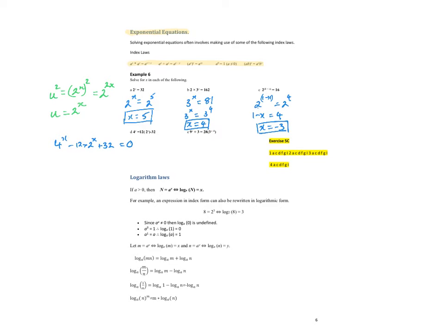Let's rewrite 4 as 2 squared, so I get 2 to the 2x minus 12 times 2 to the x plus 32 is equal to 0. So these expressions here, they're my u and u squared that I referenced. So I can actually just rewrite that as u squared minus 12u plus 32 equal to 0.